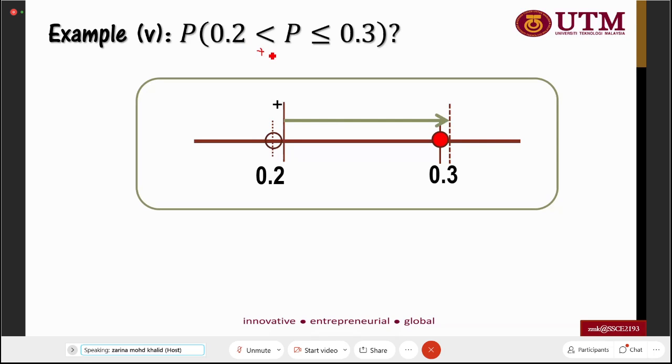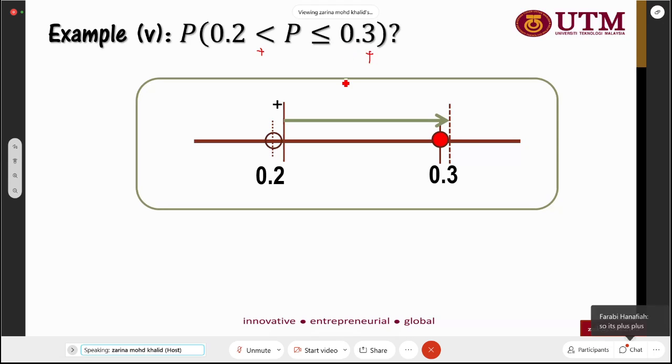But for this one, you cannot minus, because you have to include 0.3. So Sham is incorrect, Najmi is incorrect. 0.3 has to be included, so you have to plus also.